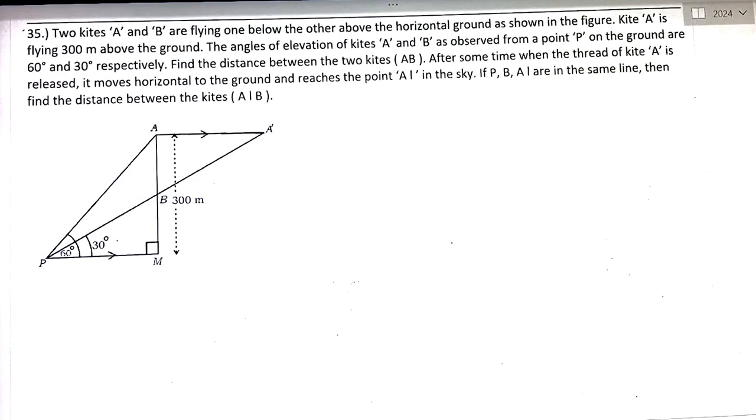Find the distance between the two kites. So they have asked us to find the distance between the two kites, that is A and B. So we need to find the AB value here. That is the first question they have asked.